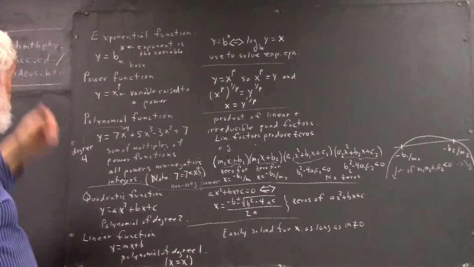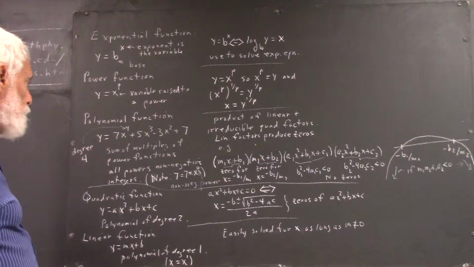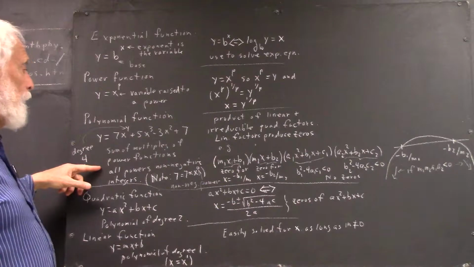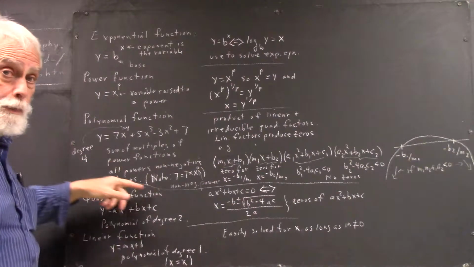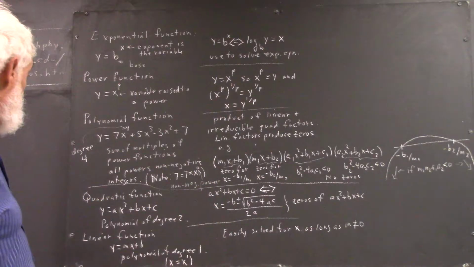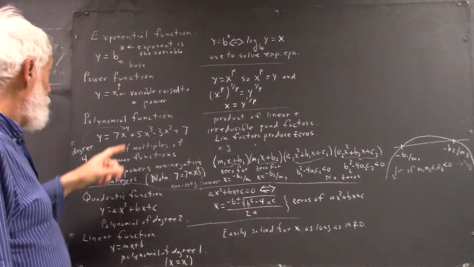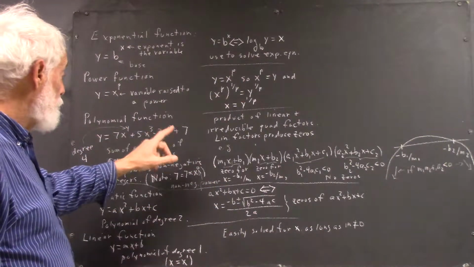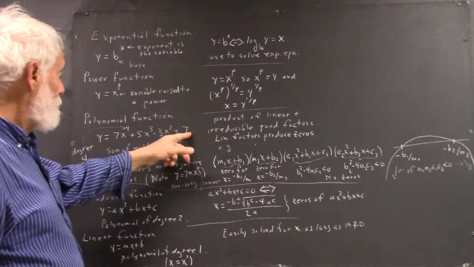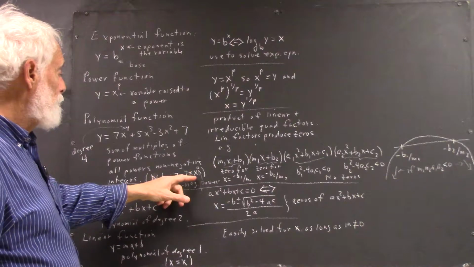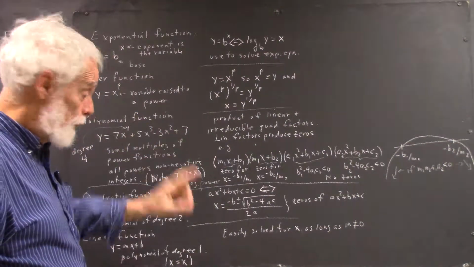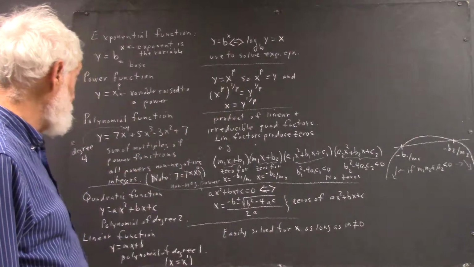Big difference. A polynomial function is a sum of multiples of power functions where all the powers are integers and not negative. So we have a fourth power, a third power, a second power, and a zeroth power, because 7 means the same as 7 times x raised to the 0, because x raised to the 0 is 1, and 7 times 1 is just 7.